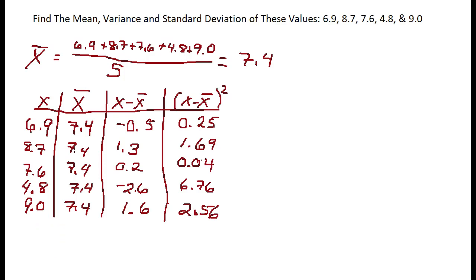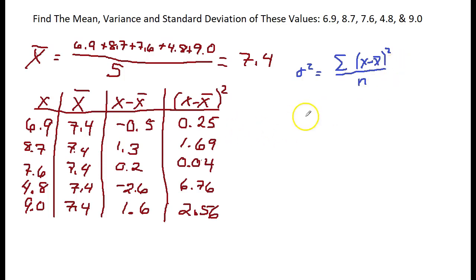Alright, for the variance we are going to use the lowercase Greek letter sigma. Variance is sigma squared. So sigma squared equals the sum of our x minus x bar quantity squared pieces divided by how many there are, which is n.